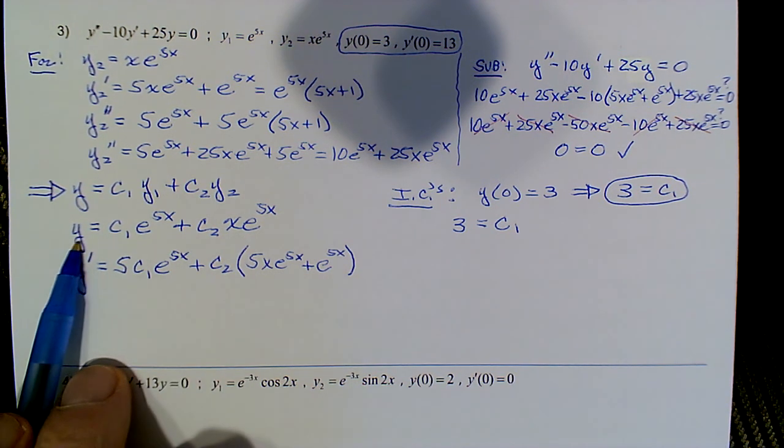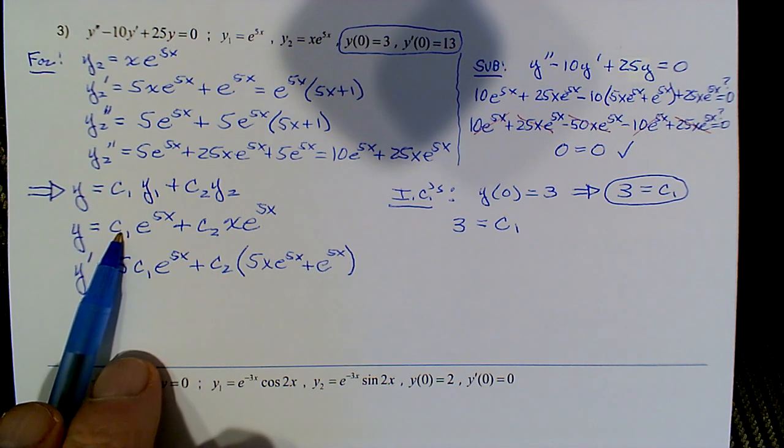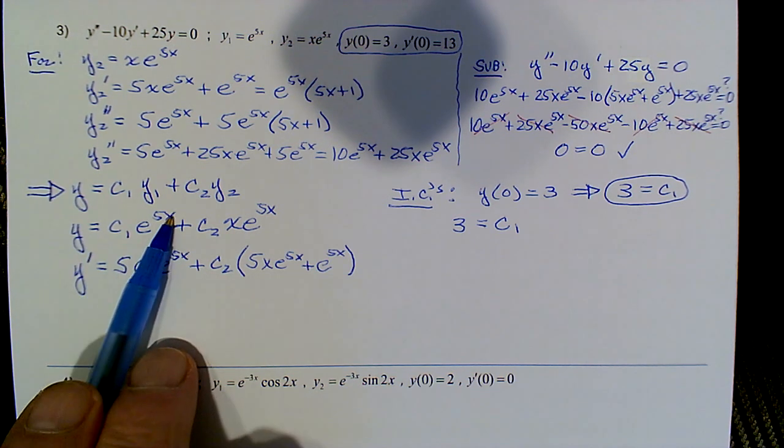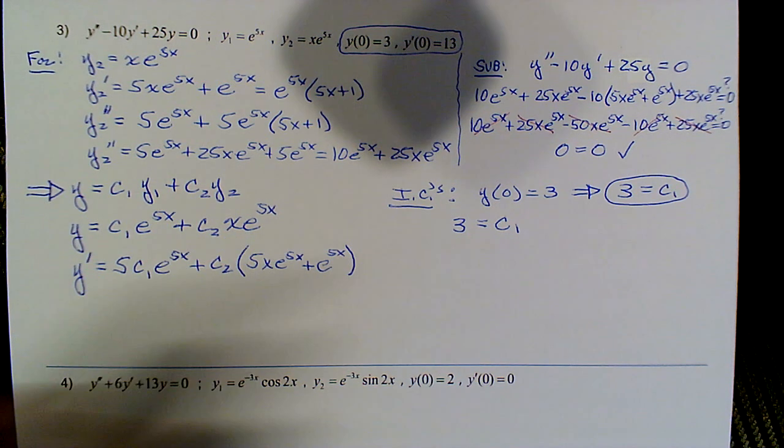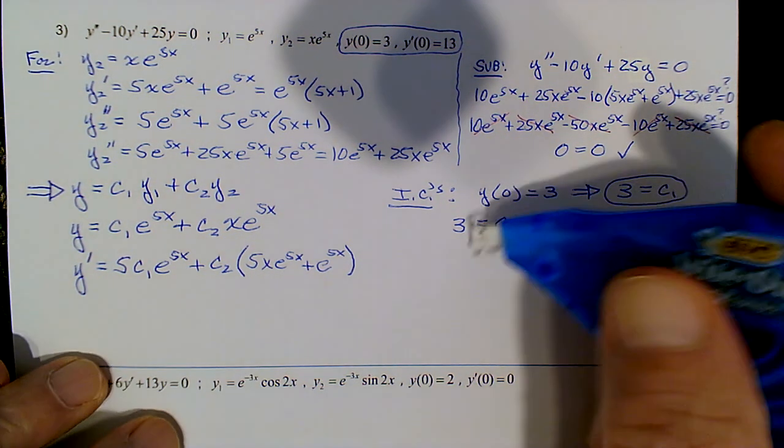So then c1, x is 0, so e to the 0 is 1, but this x causes the c2 term to go to 0. So that unfolded immediately.